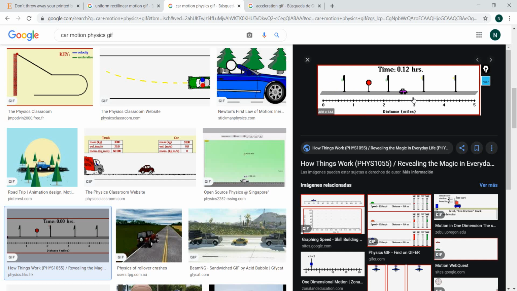As you can see, the car stops at this point and at this point. Observe how it stops. You see? So the velocity goes to 0 and then it goes to 0 again. Like the velocity is 0 right here, and then increases, and then it stops again. It goes to 0 again, and then it increases again.